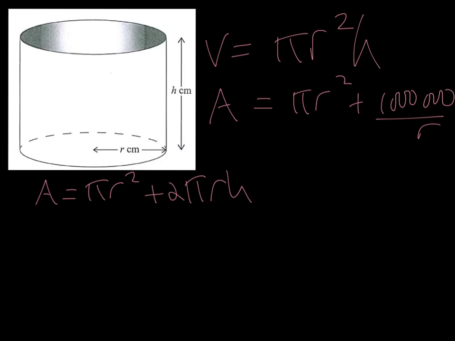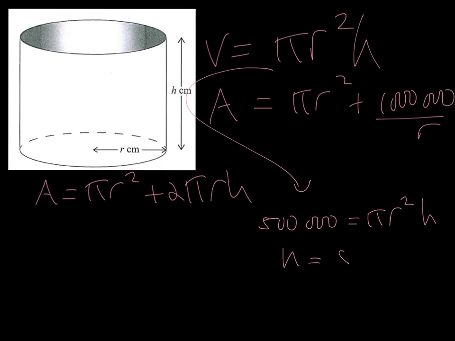So we're going to substitute in the volume, which we know is 500,000, and set that equal to pi r squared h. Now we can rearrange this equation to give us a definition for h. So h is going to equal 500,000 all over pi r squared. So that's what I've done here.